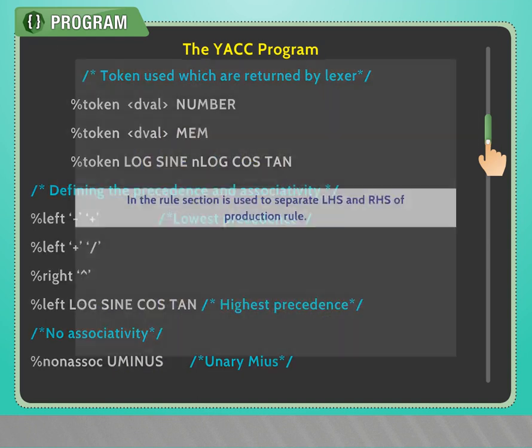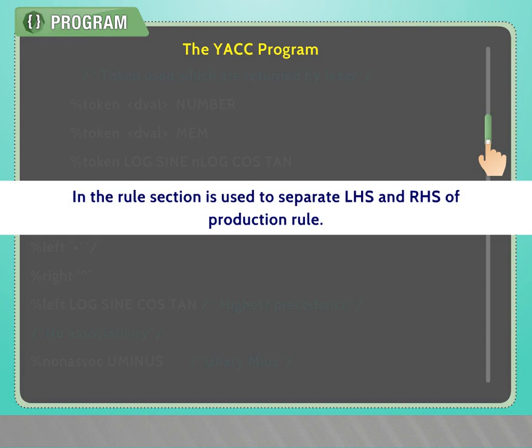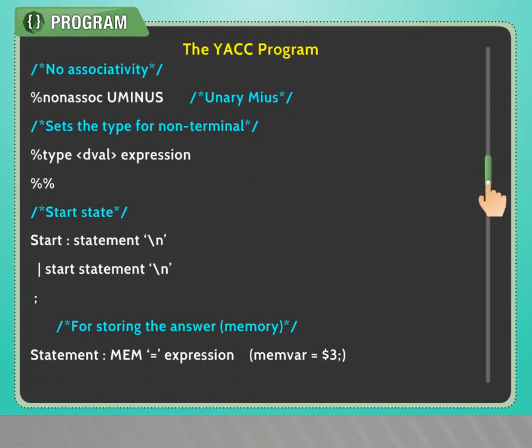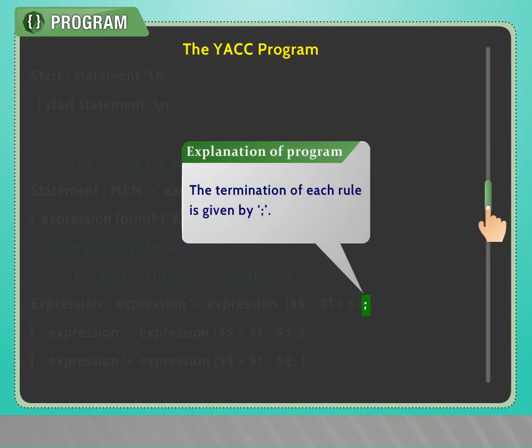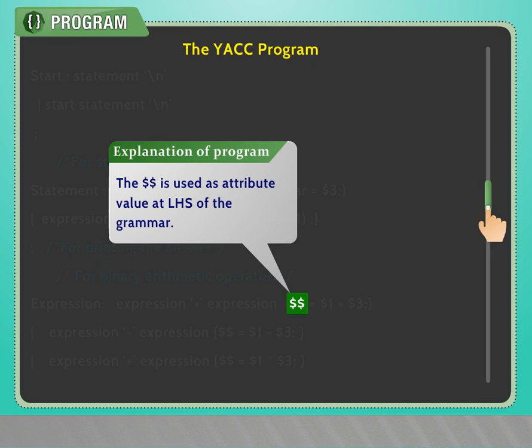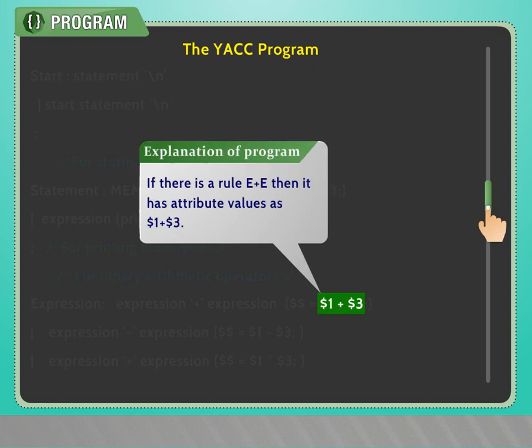Rule section. In the rule section, a colon is used to separate the LHS and RHS of a production rule. The termination of each rule is given by a semicolon. The $$ is used as the attribute value of the LHS of the grammar.